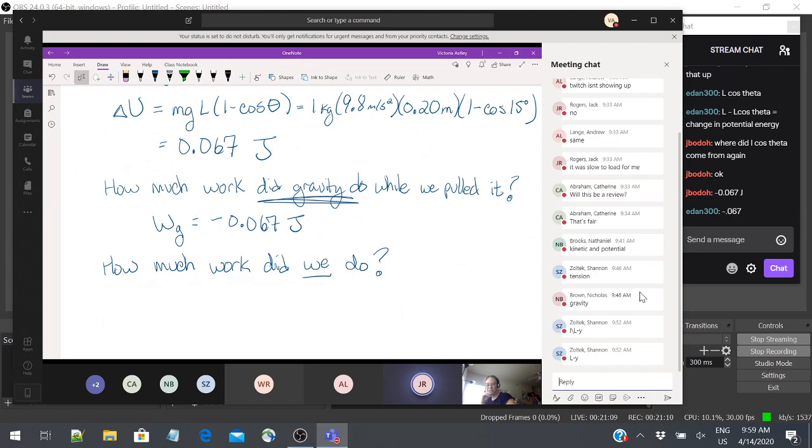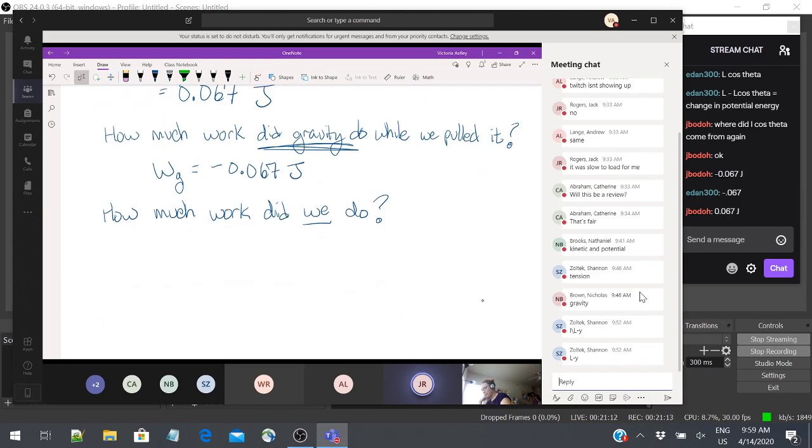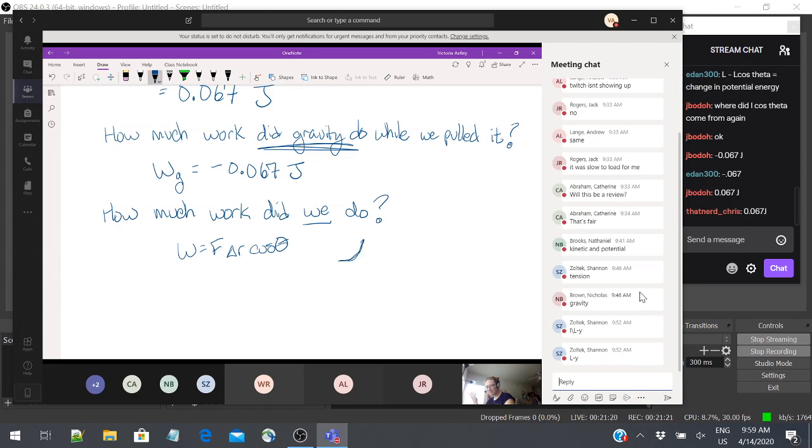So this is one where students intuitively are like, okay, work is force times distance times cosine theta, but I don't know the force. I guess the distance is this arc. I don't know. Theta's changing all the time.